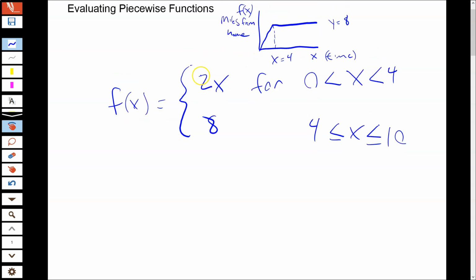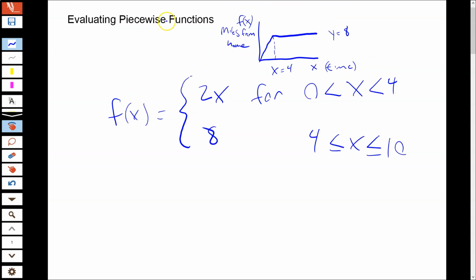Okay. So what we mean by evaluating piecewise functions is, let's say I want to know how far I am from home after 2 hours. Well, f of 2: 2 is between 0 and 4. So make sure you're looking at the right piece of the function. So f of 2 would be just 2 times 2, which is 4.